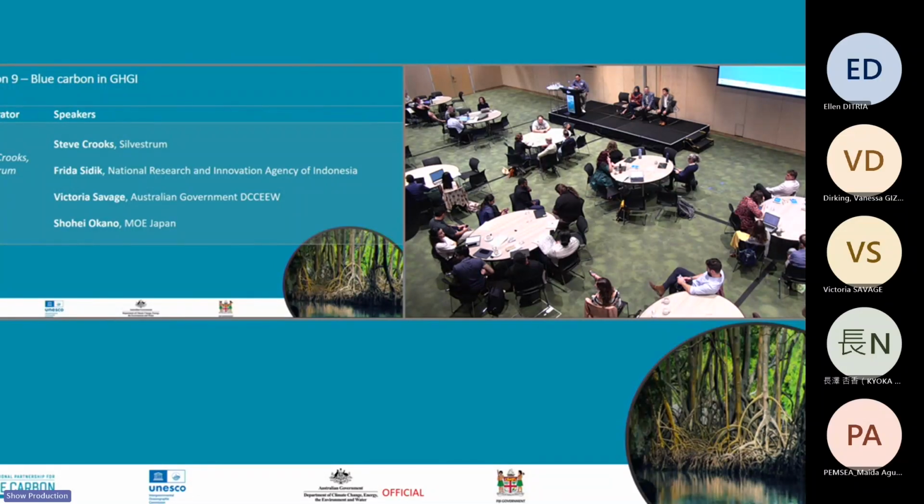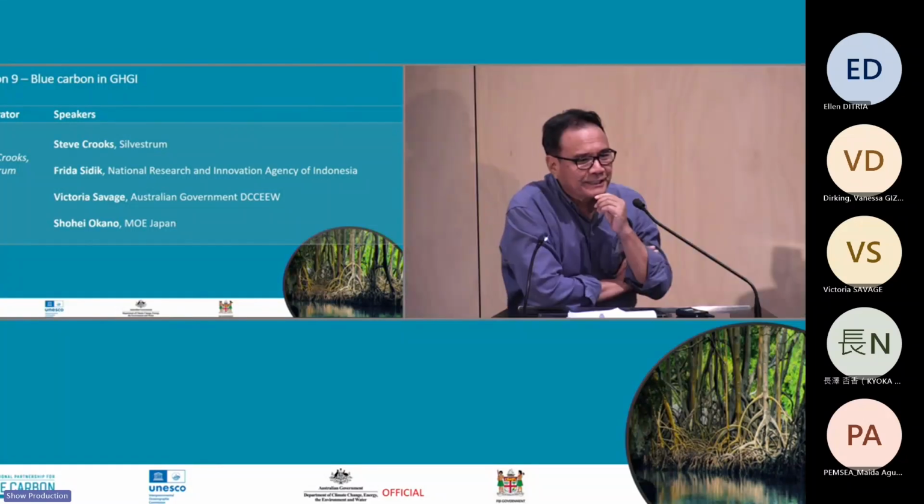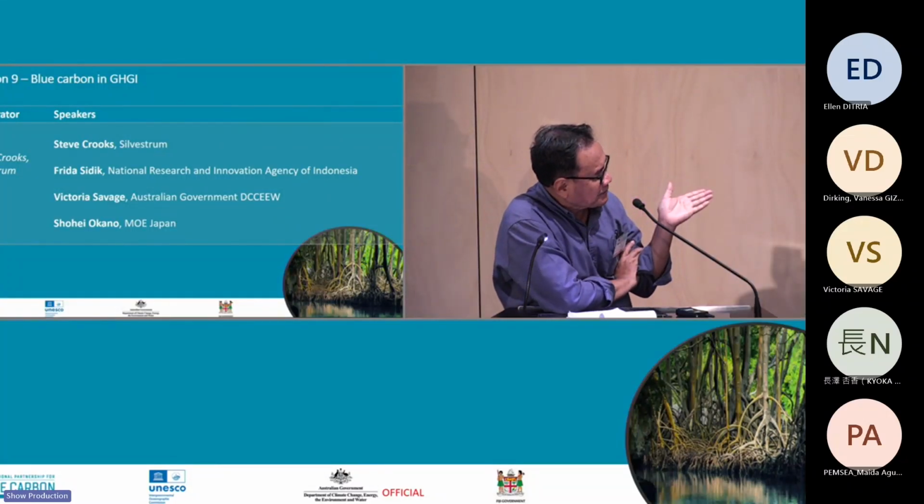In the case of the United States it was NOAA, but I think that in another region there are other expert people, but it's a very good idea. And then if you have this specific information in your greenhouse gases inventory, you can advance in the general agenda of blue carbon. Thank you, Costa Rica. Steve, do you want to comment?